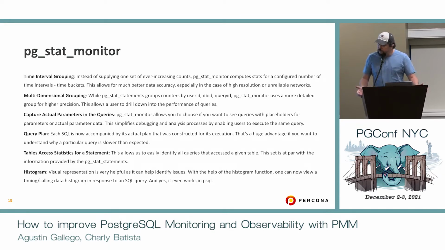So maybe the query is not the culprit; it's being affected by something. With the time interval grouping in the histogram, you can say, okay, that query from time to time is not performing well, but it's probably not our culprit. Something is causing that query to go really bad, and that's why you're collecting that information. So this is another extension that we're building. We're still building it. It's still in beta.